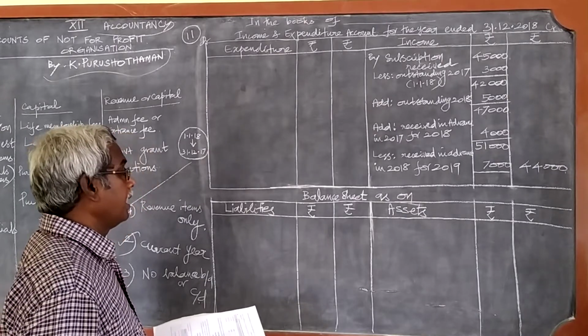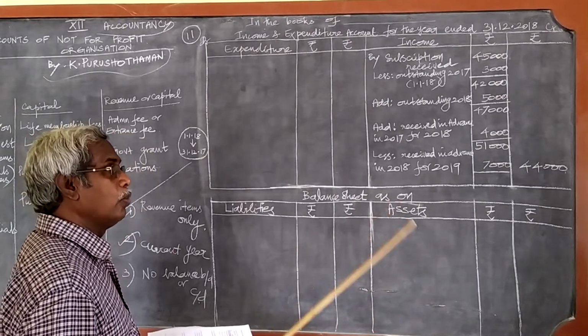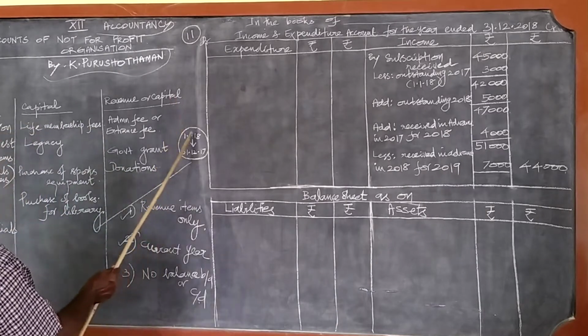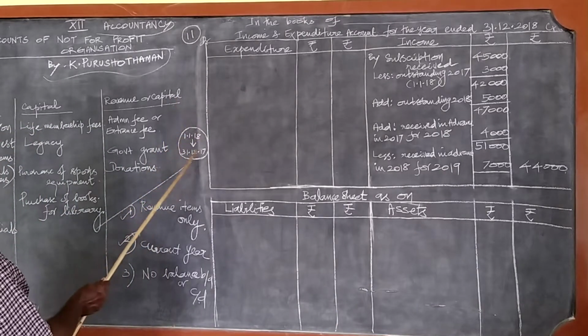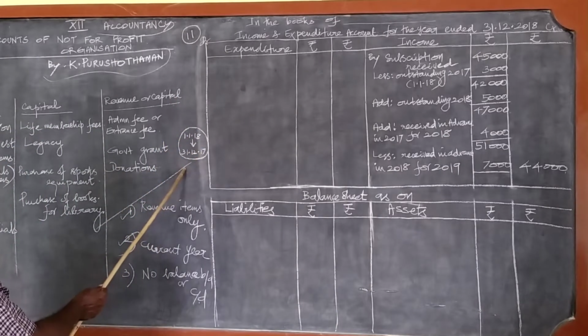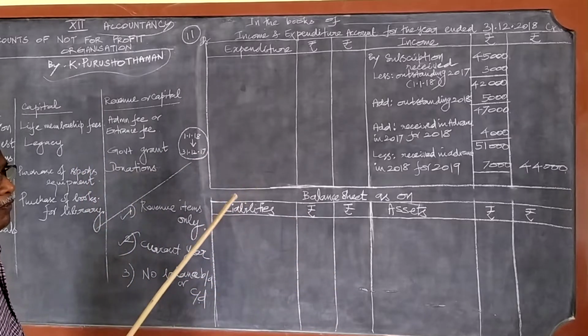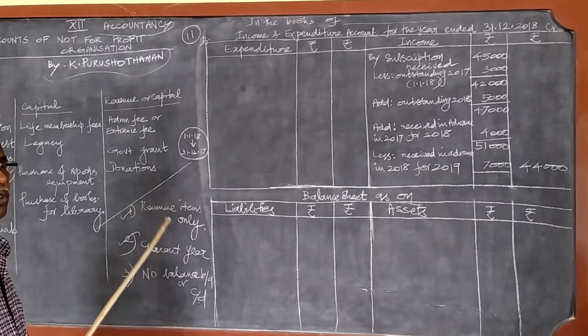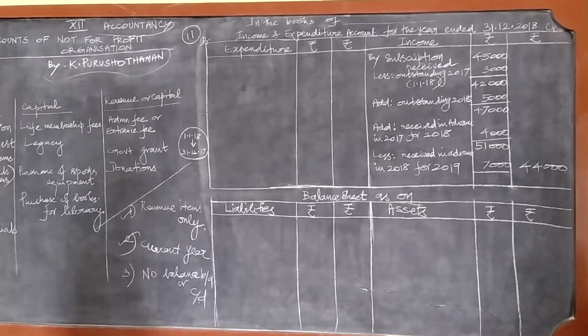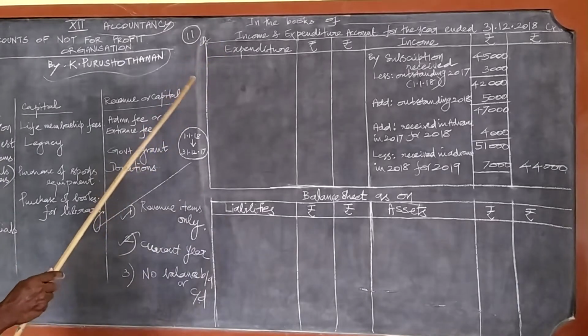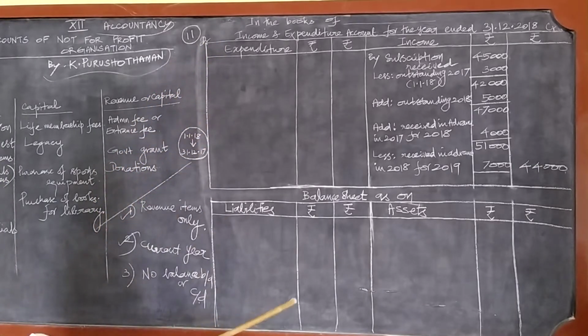If the subscription outstanding is on 1/1/2018, then 1/1/18 is nothing but 31/12/17. That is the outstanding for the previous year. Therefore, what we must do? We should minus it. If it is for other years, we should minus. If it is of the current year, that is account preparation year, we should add it.